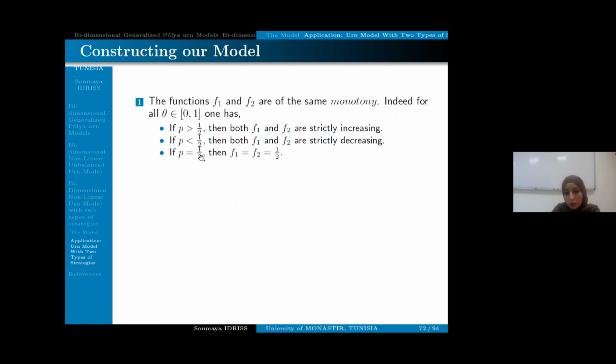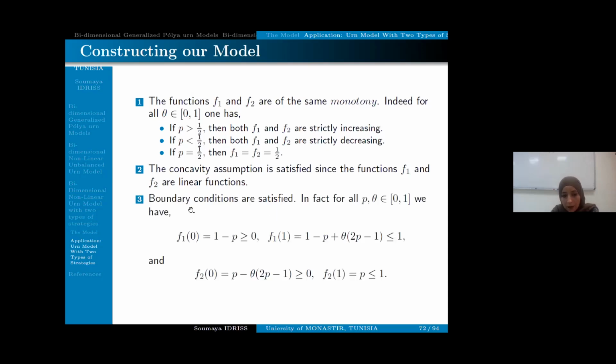And if p equals 1/2, then both functions equal 1/2. The concavity assumption is satisfied since the functions f1, f2 are linear functions. The boundary conditions are also satisfied, as you can see here.